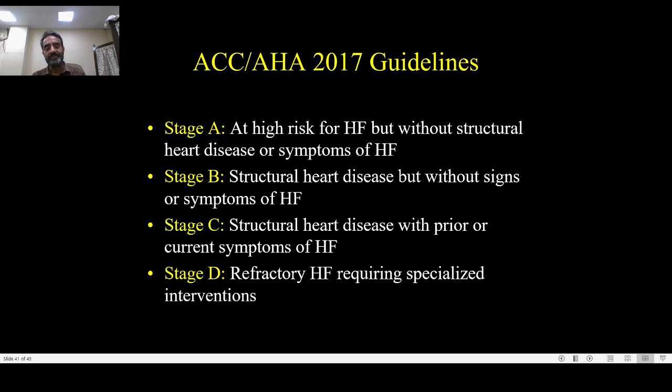Only high risk cases. Then stage B, structural disease is there but without signs and symptoms. Stage C, structural disease with prior or current symptoms of heart failure. And stage D, refractory heart failure requiring specialized interventions.